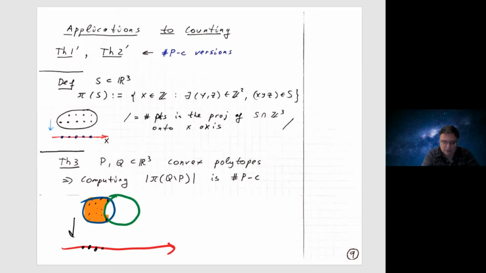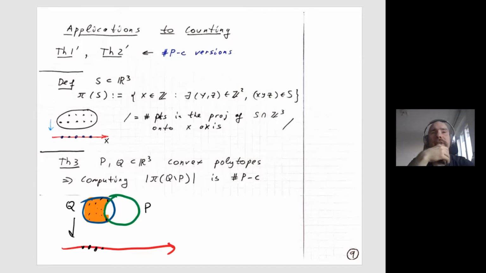Because this is Q, this is P, and Q minus P is actually not convex, this number is not particularly nice, and it turns out that that's already Sharp P complete. Is everyone clear about this?